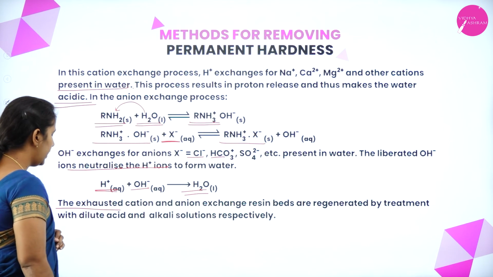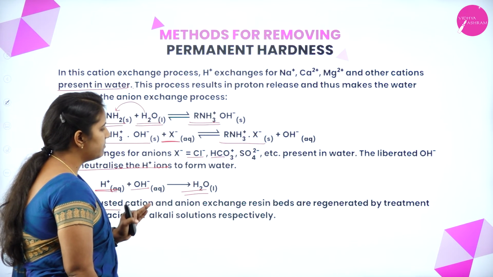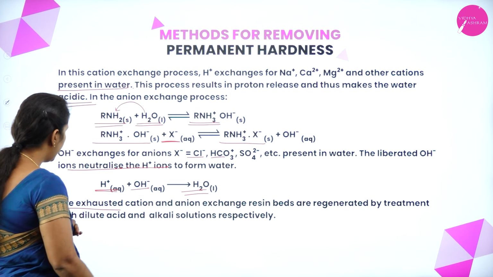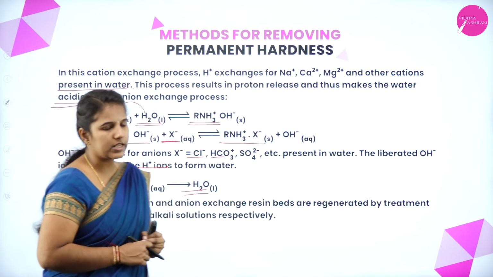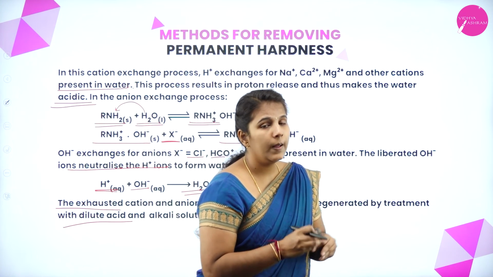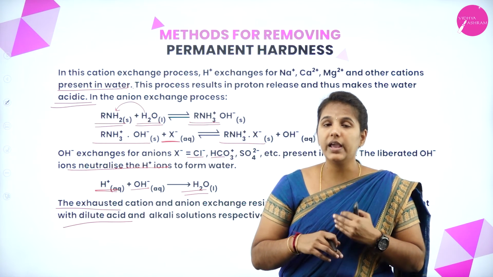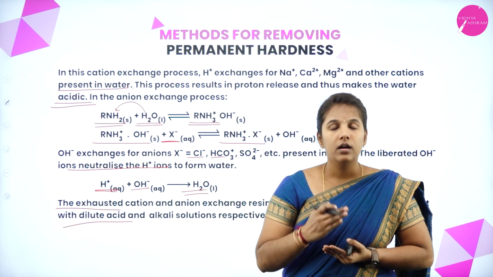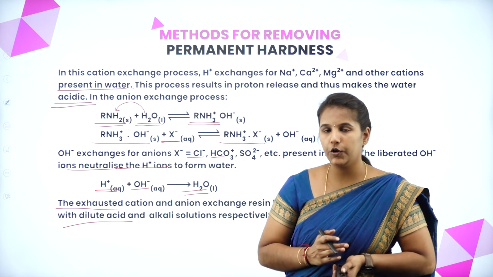So the exhausted cation and anion resin beds are regenerated by treatment with dilute acid and alkali solution respectively. This is how by using ion exchange processes we can easily remove the ions which cause the hardness of the water. Okay.